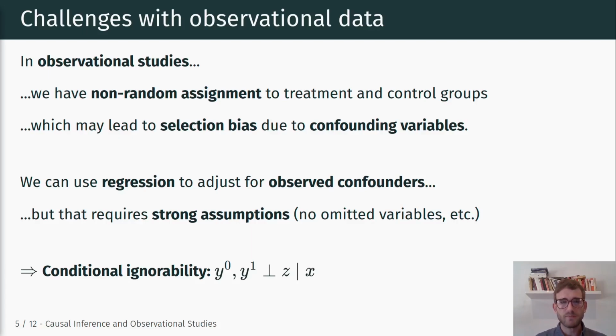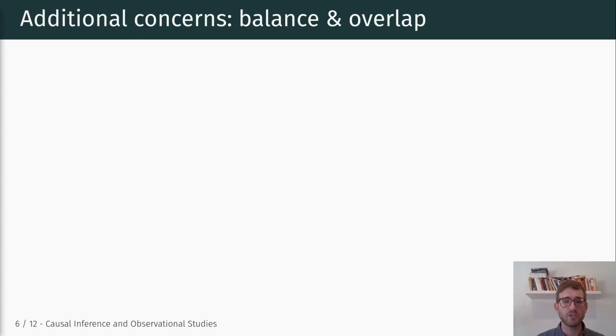Okay. There are also additional concerns in the regression framework. Even if we control for all potential confounders, we have no omitted variables, and we potentially have our remaining regression assumptions met, there are still additional concerns when our goal is not only prediction but actually causal inference.